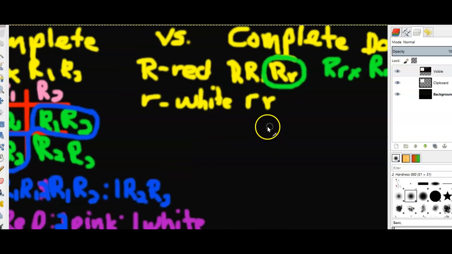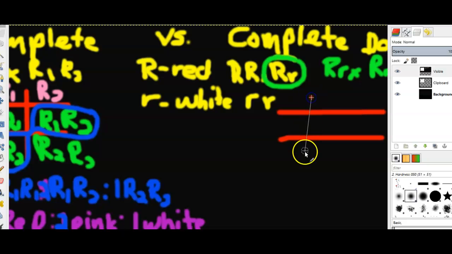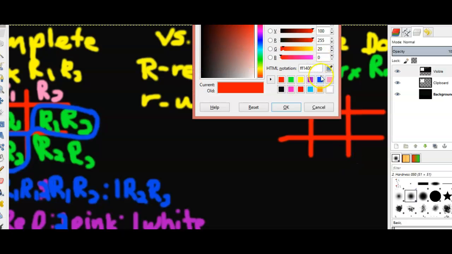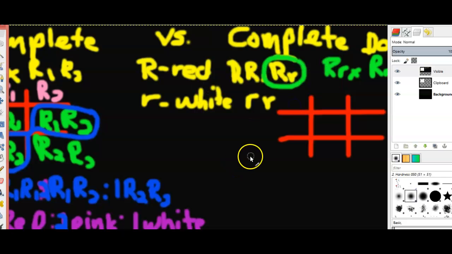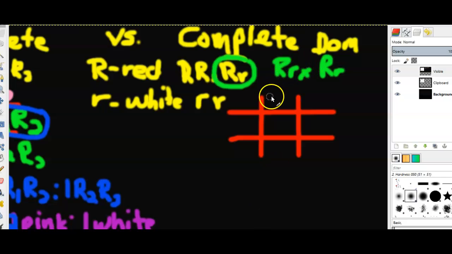Try to make them across from each other so we can see them as a comparison. So big R, little r. Big R, little r. Fill it out.